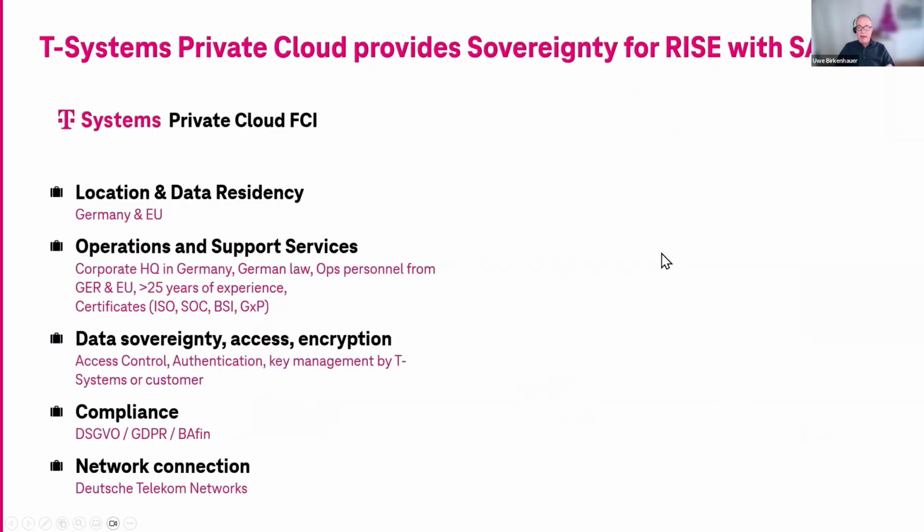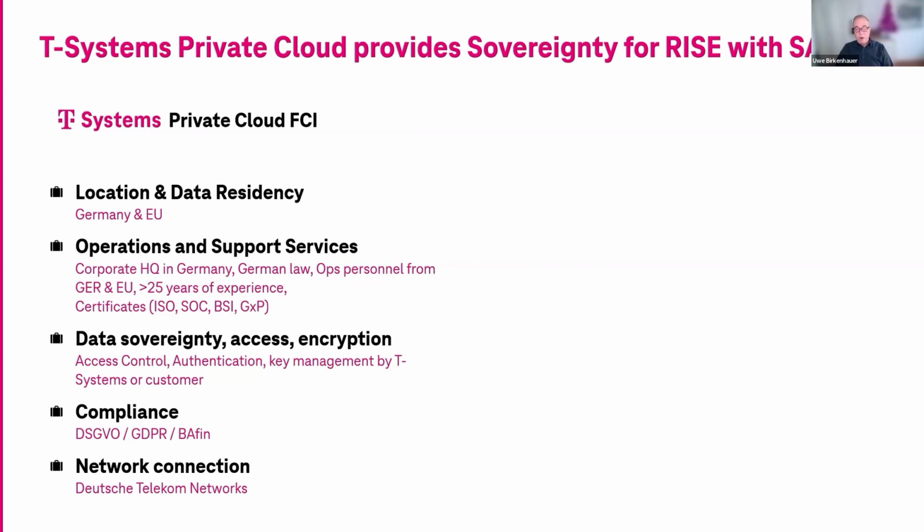And if we compare these properties with the sovereignty definition, we see we have the data in Germany and the EU. Our corporate headquarter is in Germany, in Frankfurt. So German law, European law applies. We have operations personnel from Germany and from the EU. We have more than 25 years of experience.